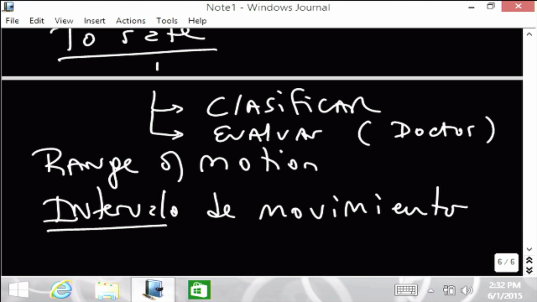When they evaluate your range of motion, they're going to say minus 180 to 180, or minus 90 to 90 degrees. They're basically measuring the angles, how much you can move your arm, for example, up and down like this. There are many different ways that they are rated, but it's always related to a minimum and a maximum in terms of the degrees of motion. So that's what it means by range of motion, intervalo de movimiento, okay?